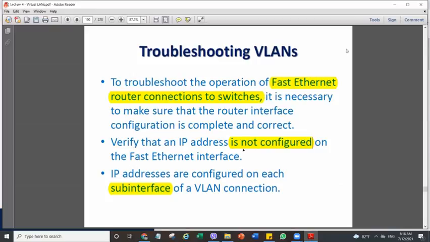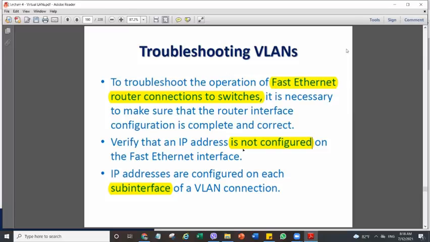The router interface is going to be divided to facilitate multiple VLANs.